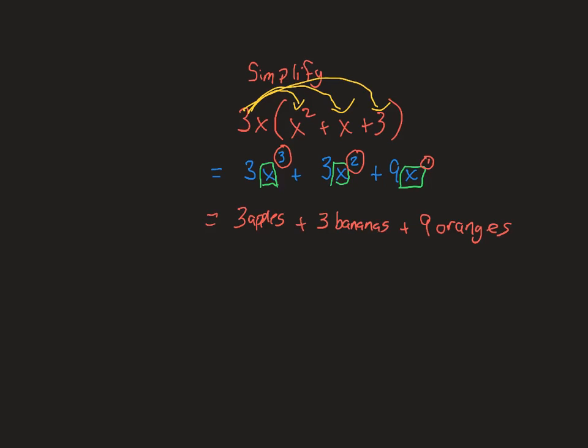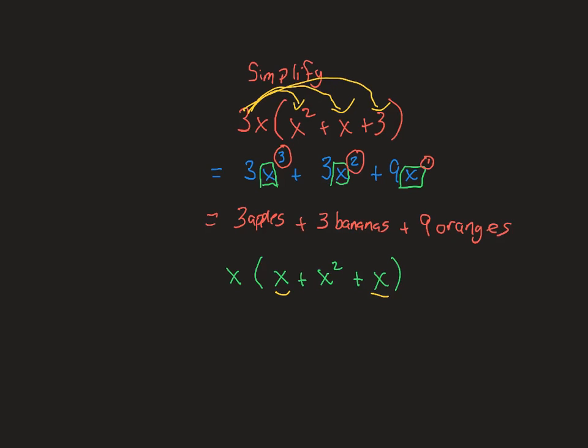On the other hand, let's say I now had something like this. Let's say I had x, and inside here I had x plus x squared plus x. Now, yes, inside here I have an x and an x. They're both the same.